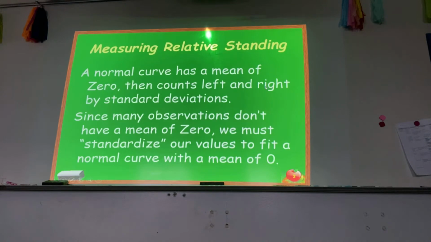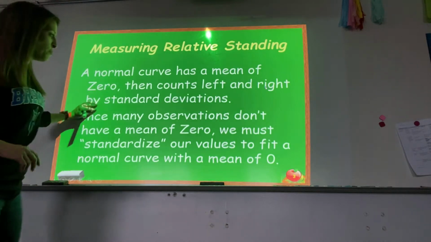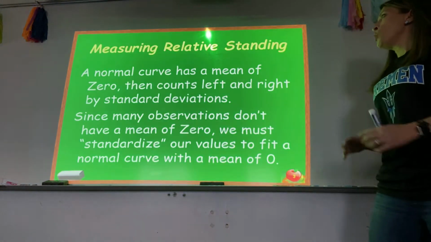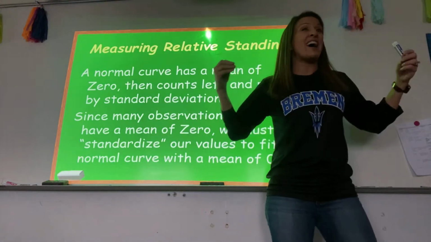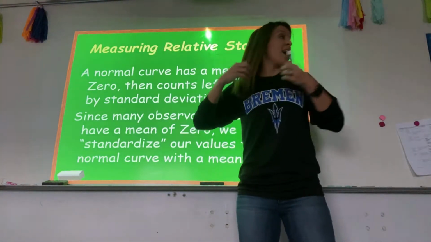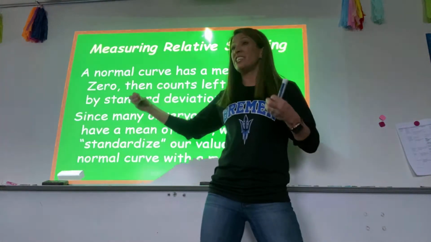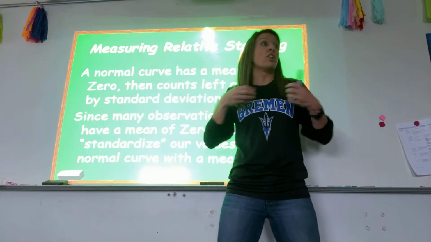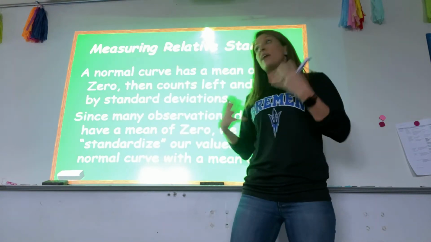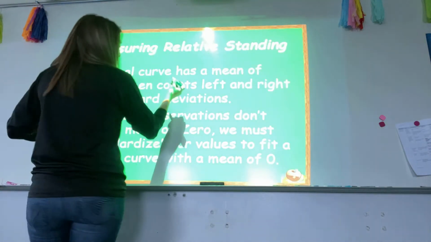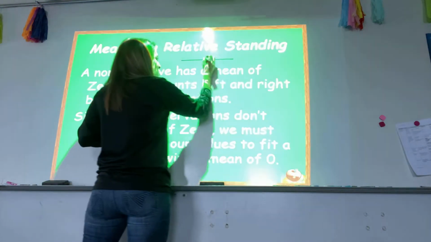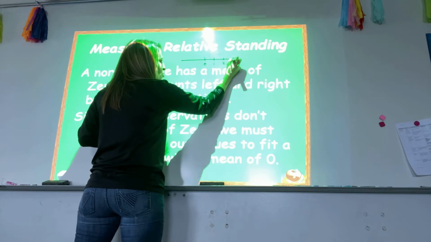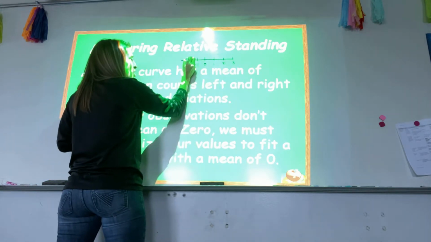All right, so relative standing. This is very important. If you're looking for your relative standing, we need to normalize our data. Like we were talking about SAT scores and ACT scores, I can't compare apples to oranges. I need them all on the same scale. That's why the z-score table was invented: it gives me a middle of 0 and counts up 1, 2, and 3 and down 1, 2, and 3.